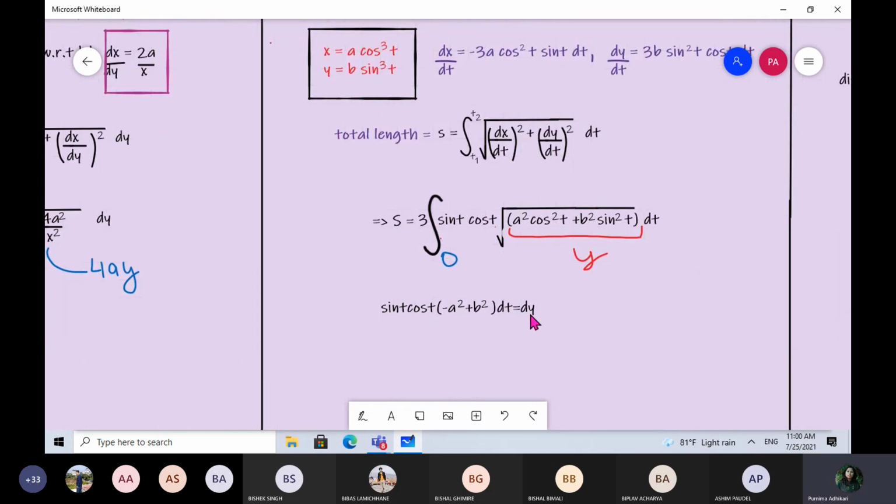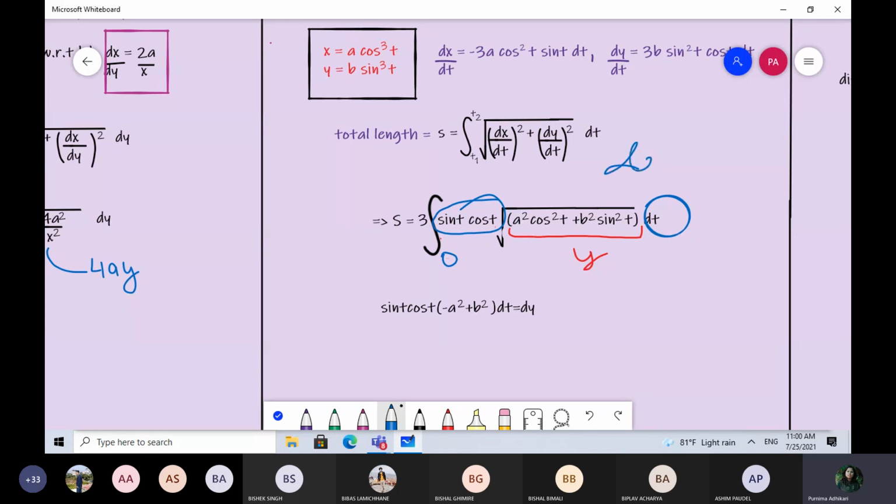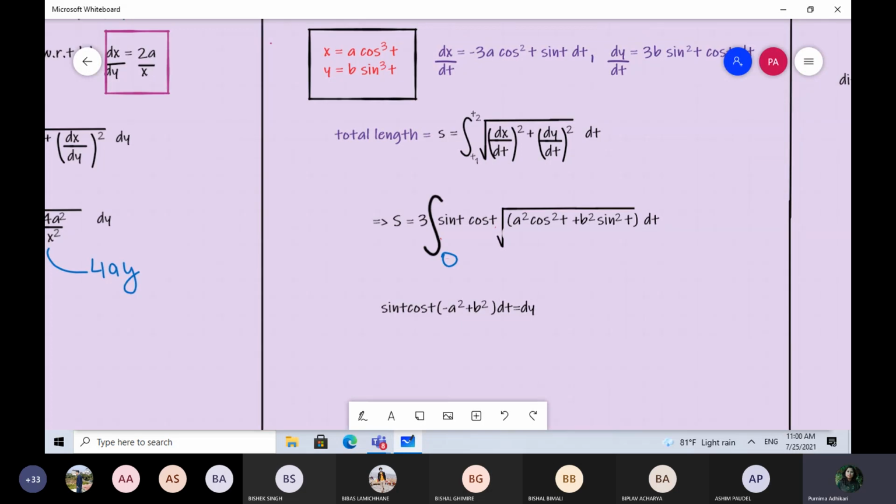And in the differentiation of your expression, you can clearly see that sin t into cos t into dt is dy in terms of dy. Okay, that's it. Just integrate now. Integration there is also you have to integrate just simply root y into dy. Any doubt?